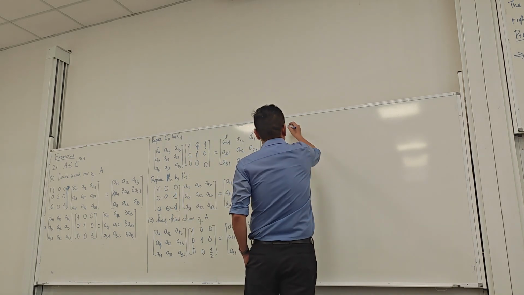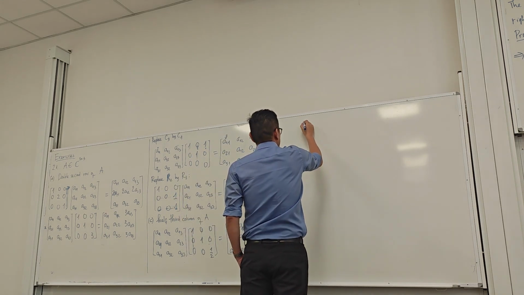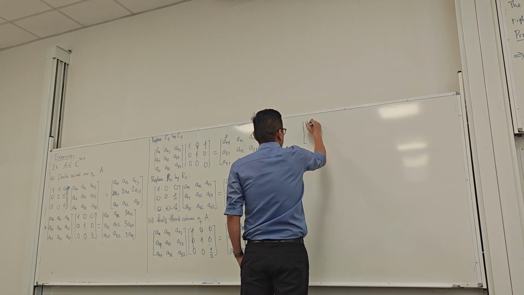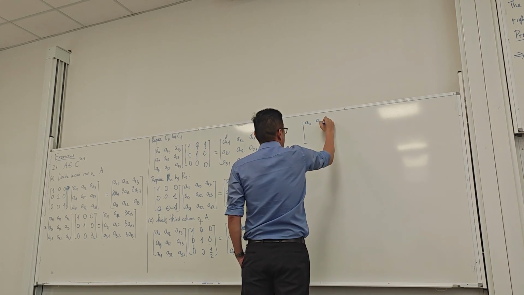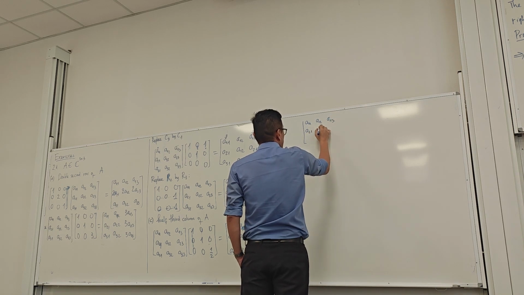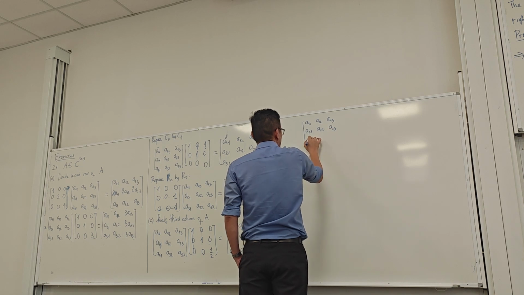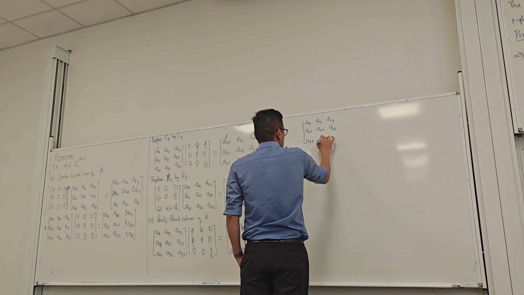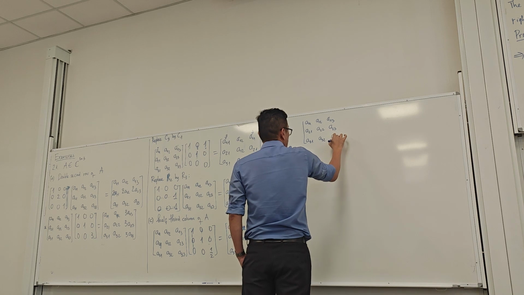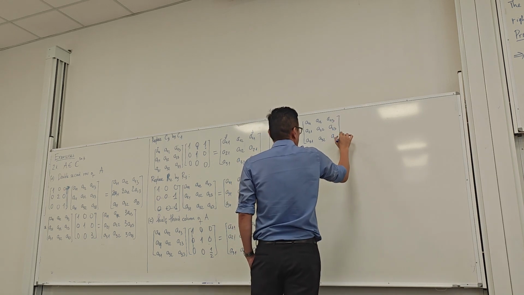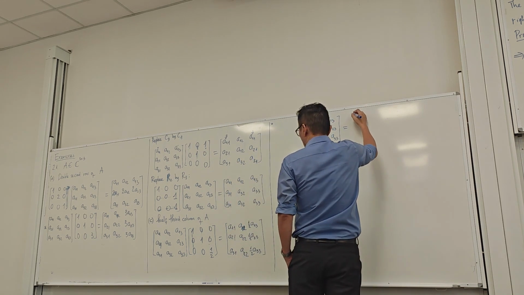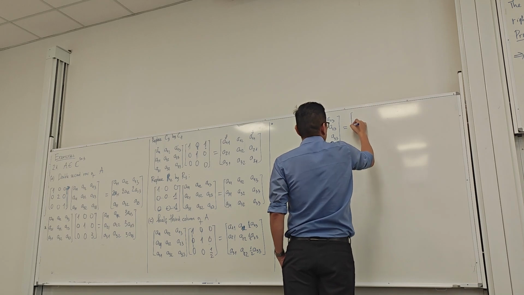For example, you have the matrix here. A11, A12, A13, A21, A22, A23, A31, A32, A33. And then imagine like I want to have the row.